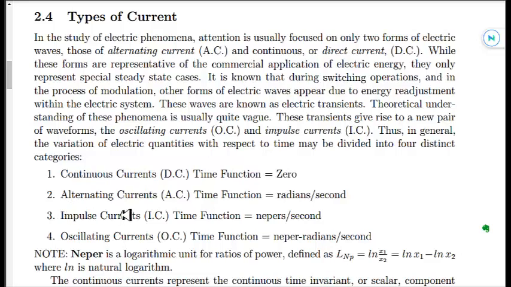Impulse currents also change over time, and the units for the time function of the impulse currents are nepers per second. Now, what the heck is a neper? I actually hadn't heard of this term before I read this paper. The neper is a logarithmic unit for ratios of power.